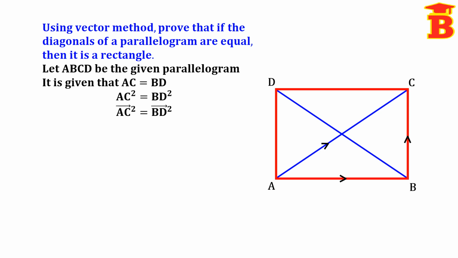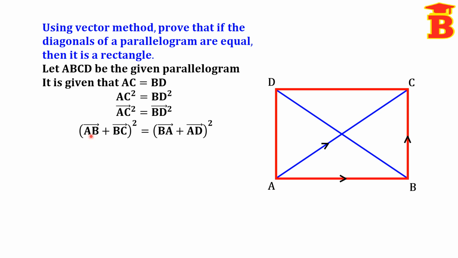Now taking this triangle ABC, AC vector is AB vector plus BC vector. Similarly, taking this triangle BAD, BD vector is BA vector plus AD vector. For the next step, already I told you the hint, we have to write the second bracket letters same like first bracket.